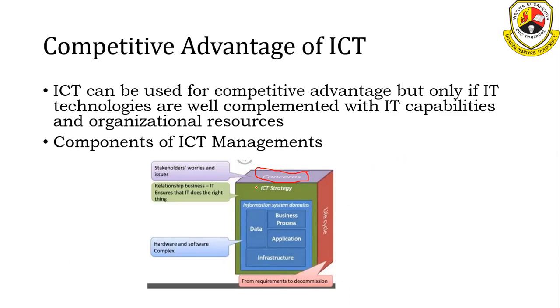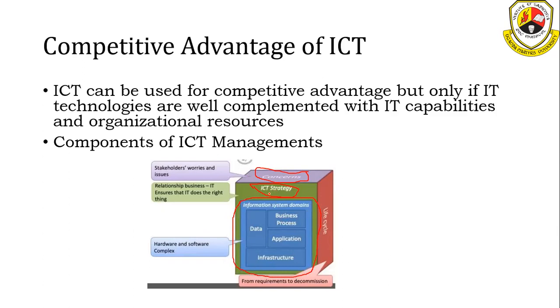Now the concerns automatically lead to strategy, because in strategy, this is where we spell out how ICT is responding to those concerns. Okay. Now, if you look at this in a diagram, it looks very much like the business processes that we have actually talked about.